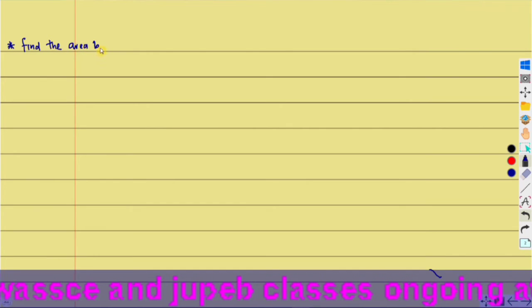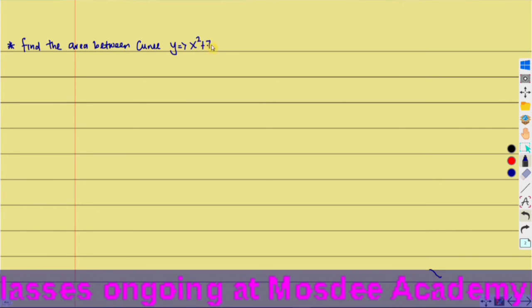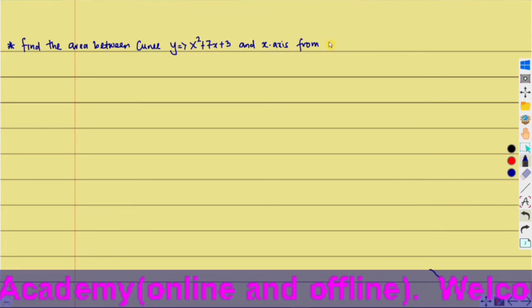Find the area between the curve y equals x squared plus 7x plus 3 and the x-axis, here between the curve and the x-axis, from x equals 0 to x equals 2.